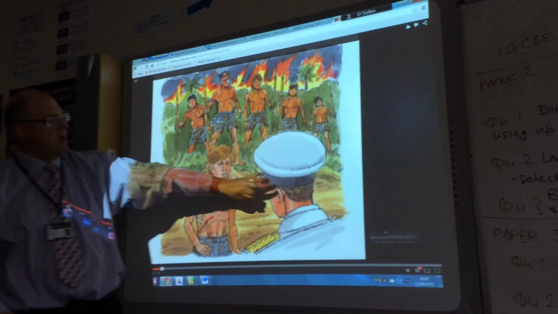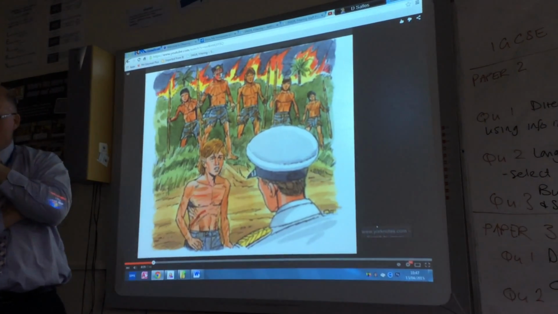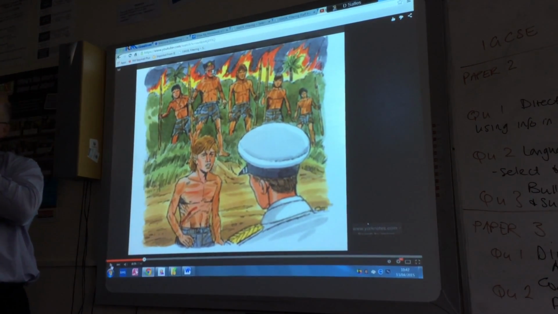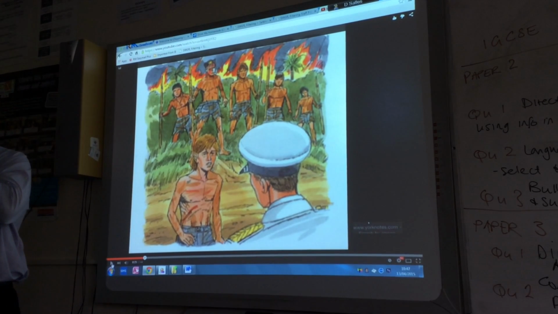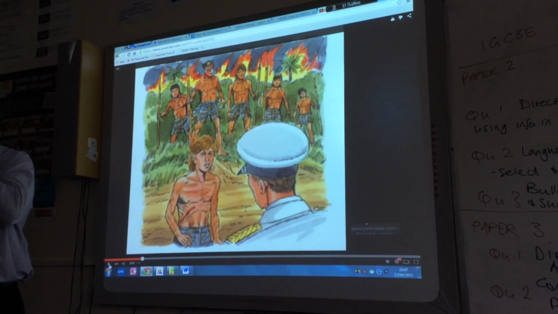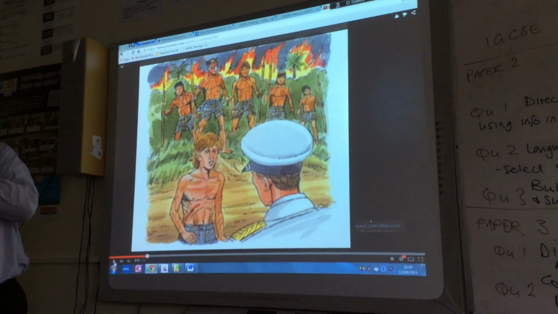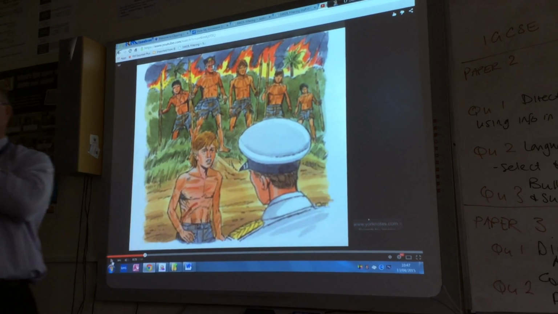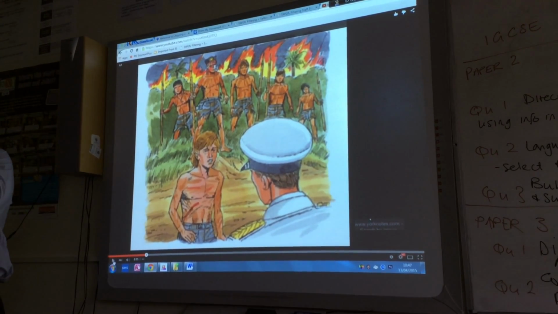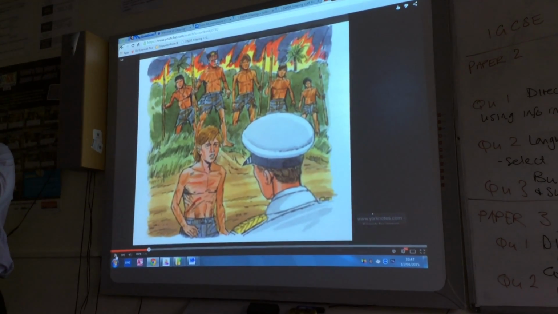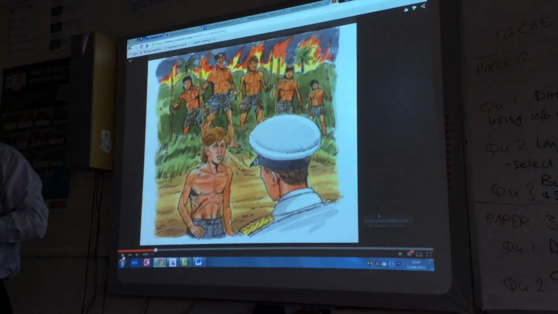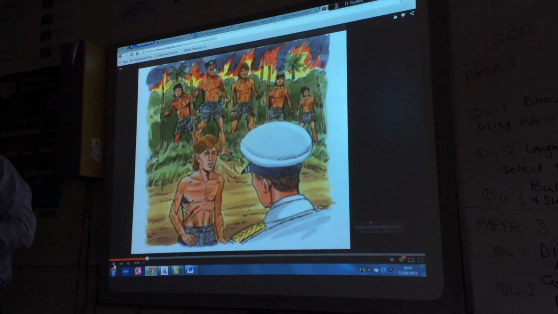Good. Why has Golding dressed the officer in white? Angels. Explain. Angels are good. Can I have a sentence that links good angels to the officer? It's basically saying civilization is the way to go. As opposed to savagery. Okay.